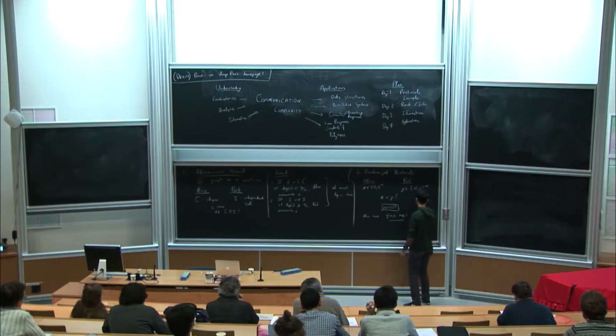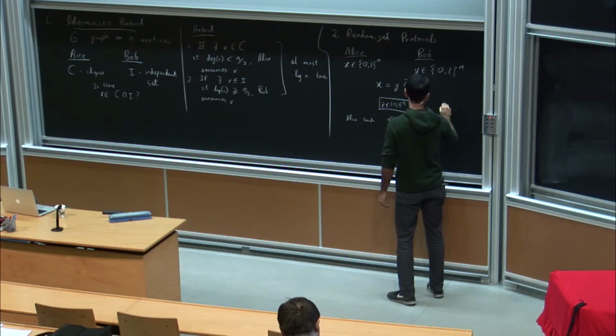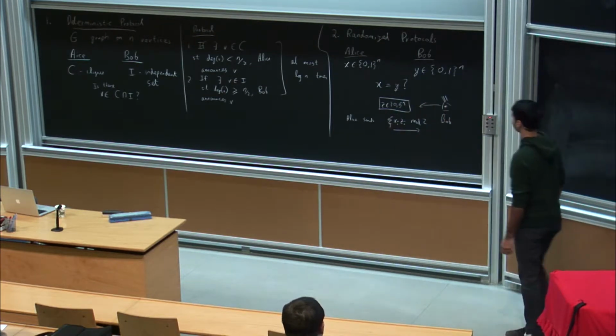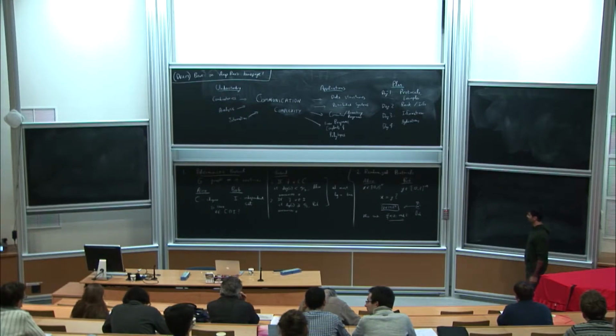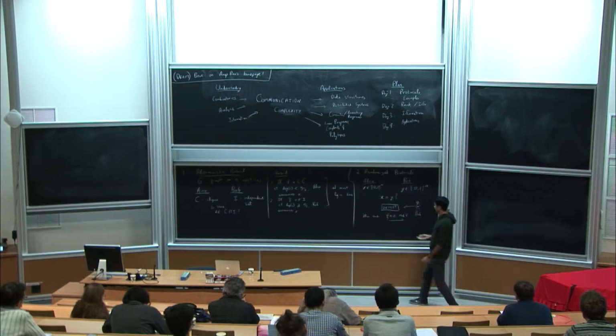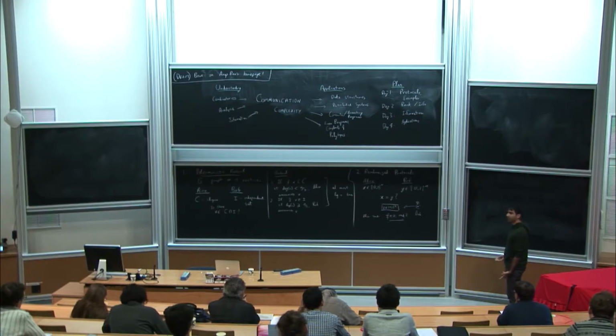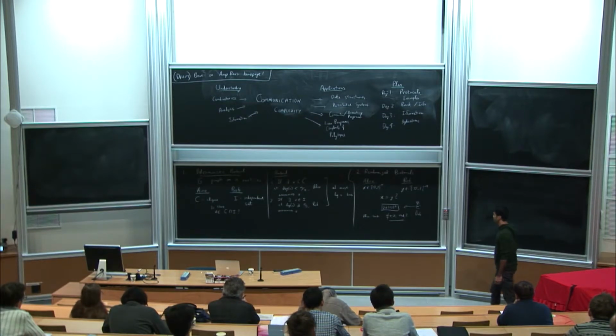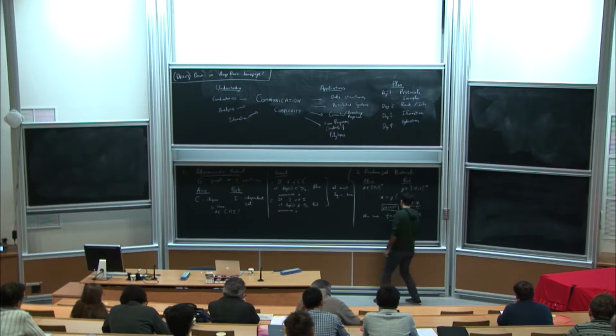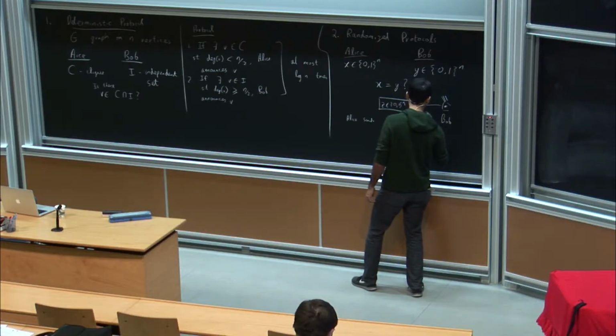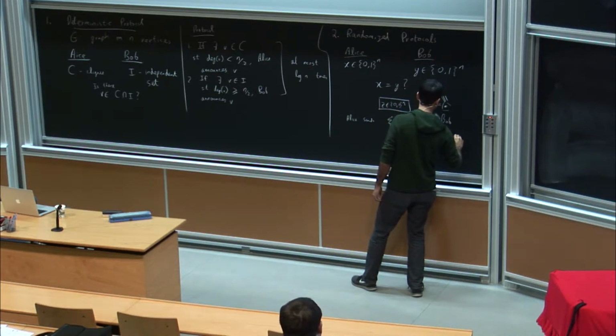So Alice will just send 1 bit, and I claim that this bit is very useful. What should Bob do? Bob will compute the sum over i of y_i z_i, the inner product of y and z, mod 2.